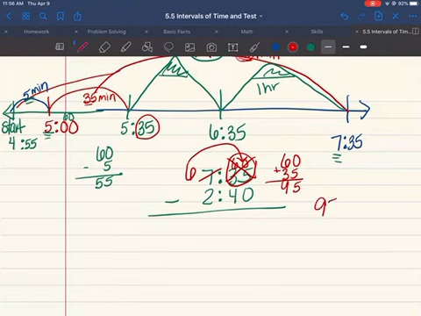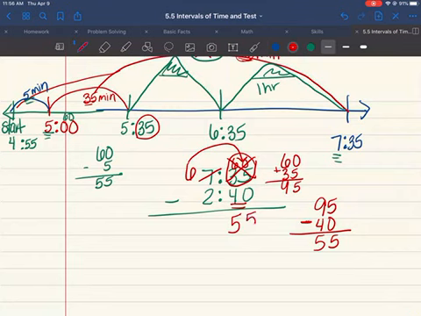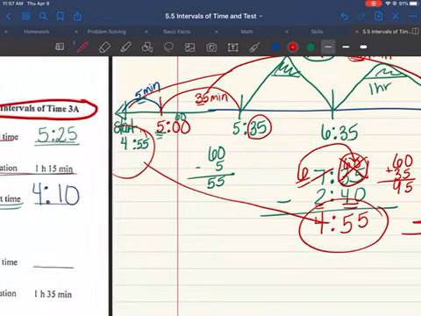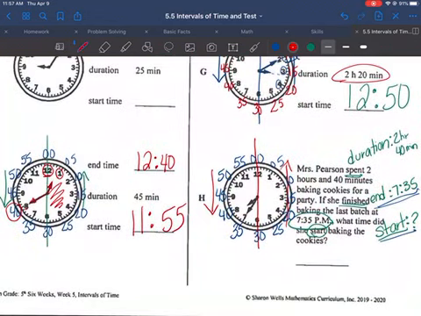Now I'm going to take the 95 and I'm going to subtract the 40. 5 minus 0, 5. 9 minus 4, 5. So I am left with 55 minutes. 6 hours minus 2 hours is going to be 4. So my start time, if you notice, is the same, 4:55.